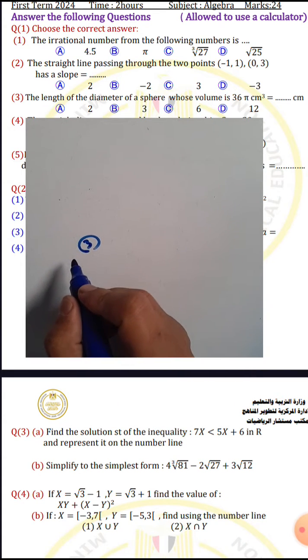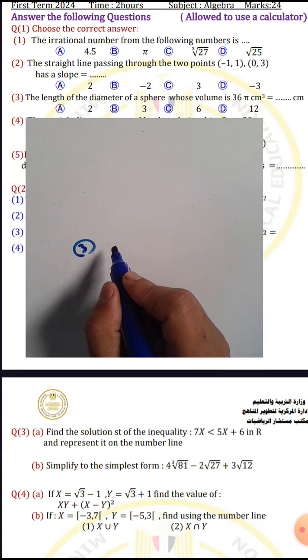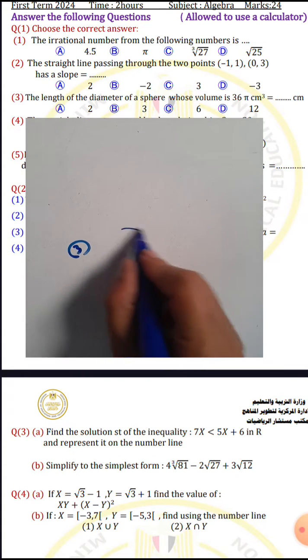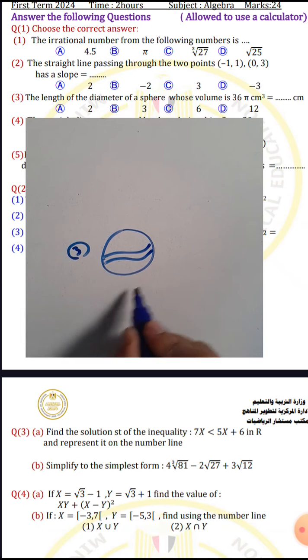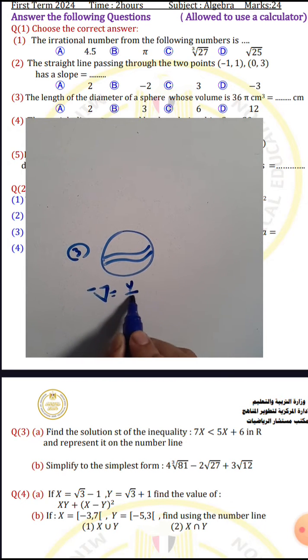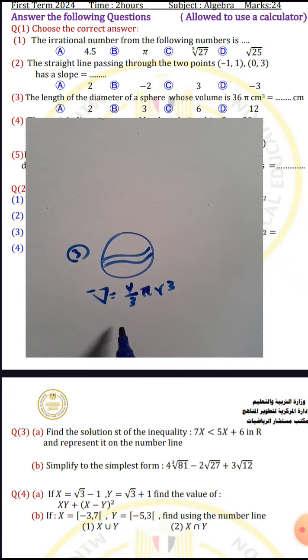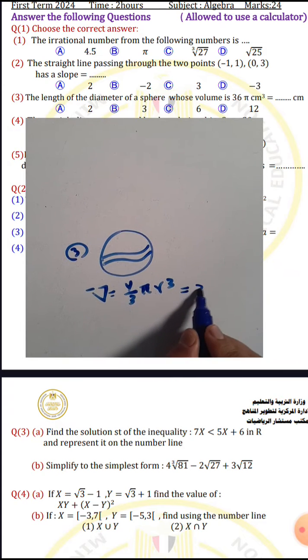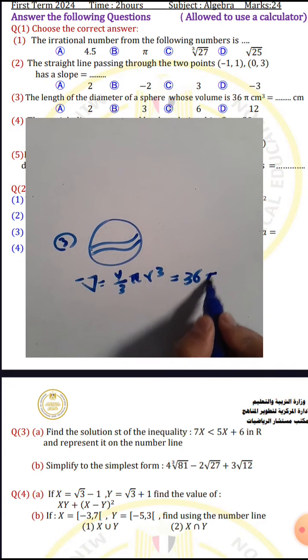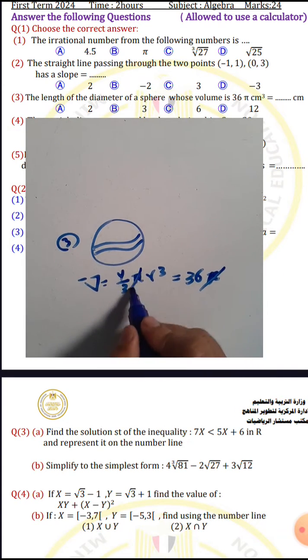Look at question number 3. The length of the diameter of a sphere whose volume is 36 pi. We have a sphere. We know the volume equals 4 over 3 pi r power 3. And they give us the volume equals 36 pi cubic centimeters. We can cancel pi by pi.